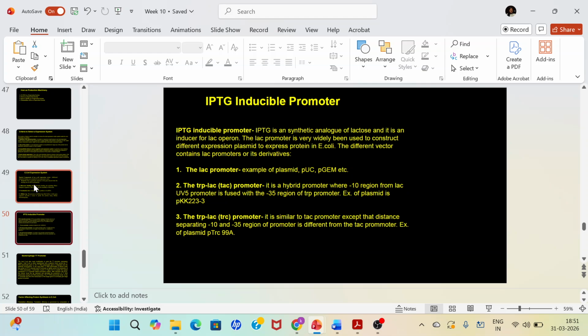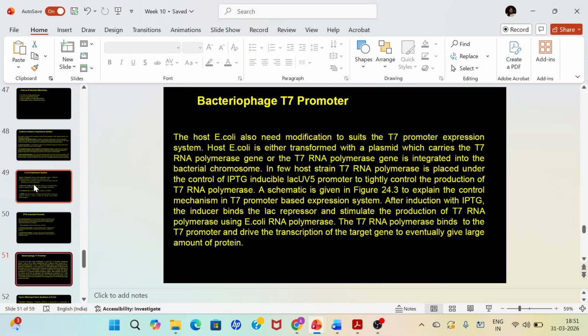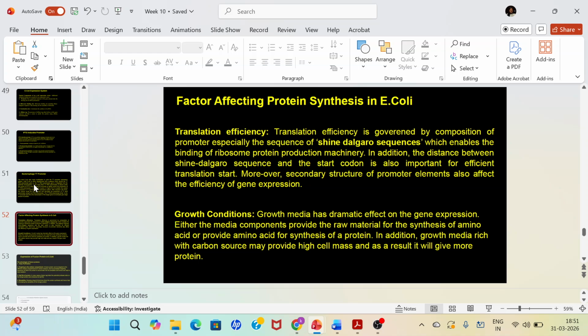So basically these are the three promoters which can be induced using IPTG and which can be used in your protein expression system for the overexpression of a particular protein. Then we have the bacteriophage T7 promoter also. Again, we are not going into the details of each promoter.